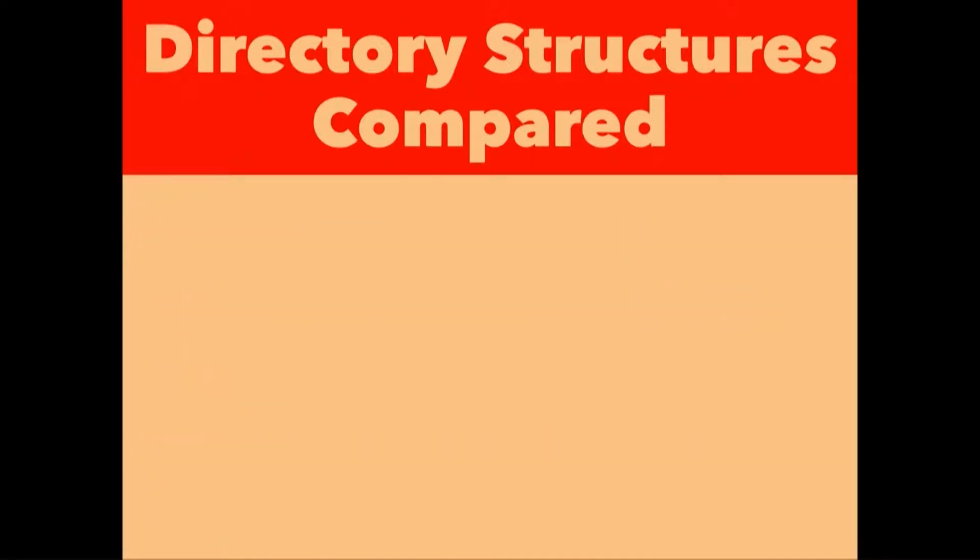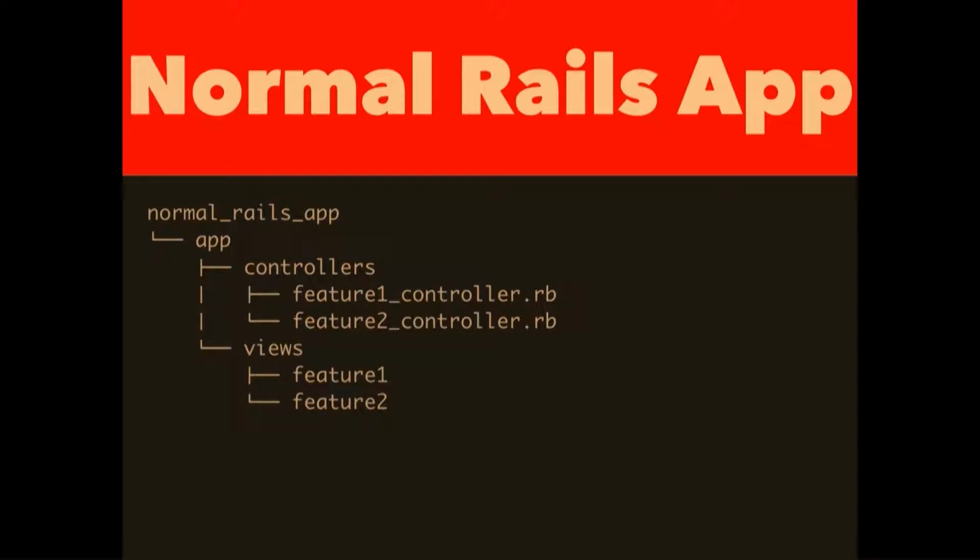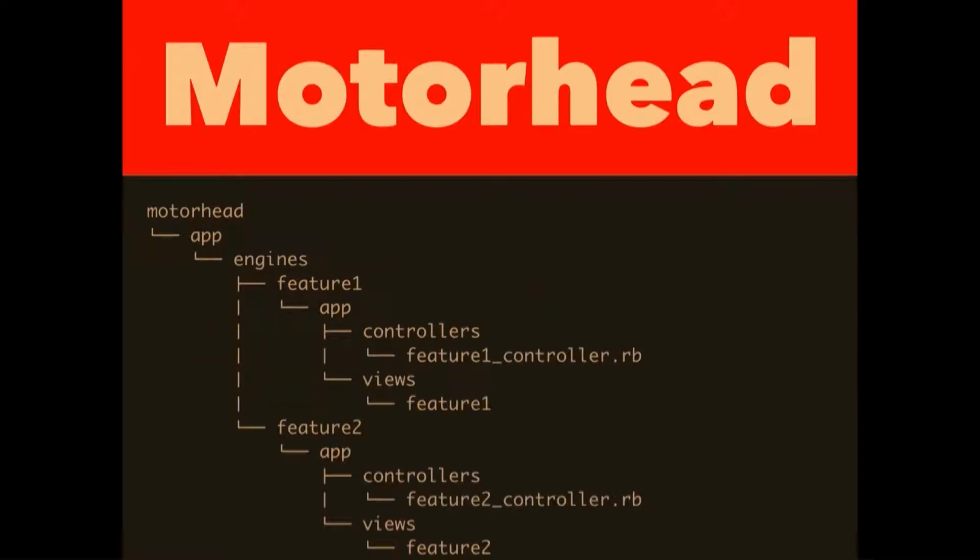So the directory structure comes like this. If you want to add your feature 1 and feature 2 to your application, the Motorhead version looks like this: app, engines, feature 1, feature 2, and each of these engines has feature 1 controllers, feature 1 views, feature 2 controllers, feature 2 views.